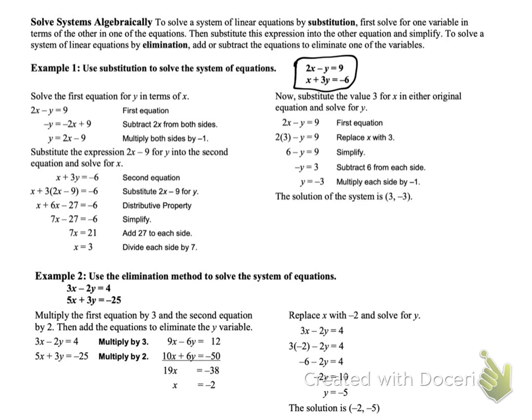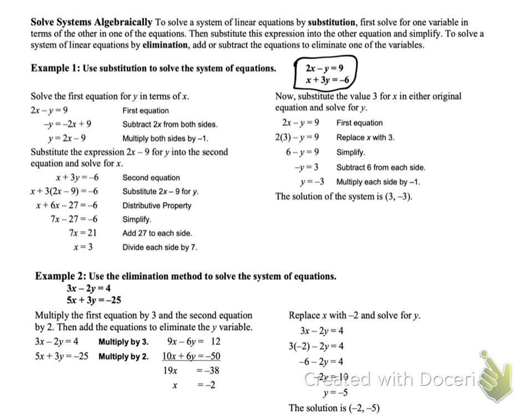So if we graphed those two lines, they would intersect at 3, negative 3. So it would be consistent and independent there.